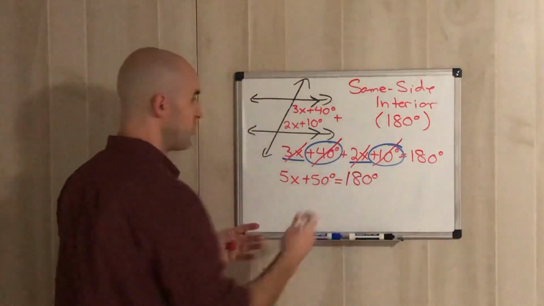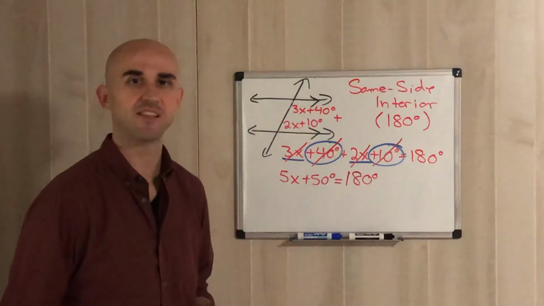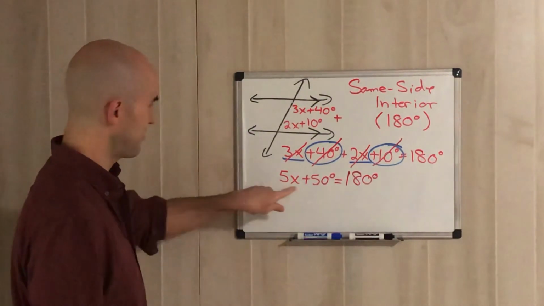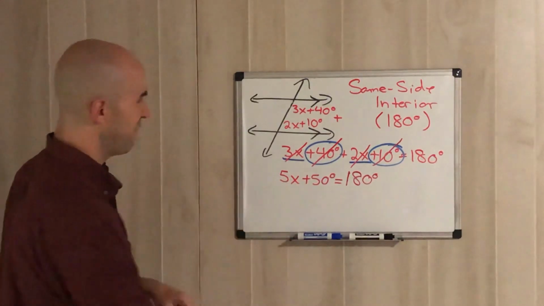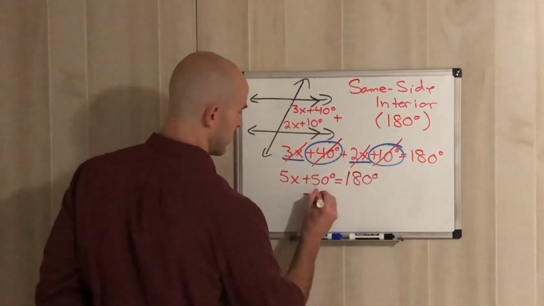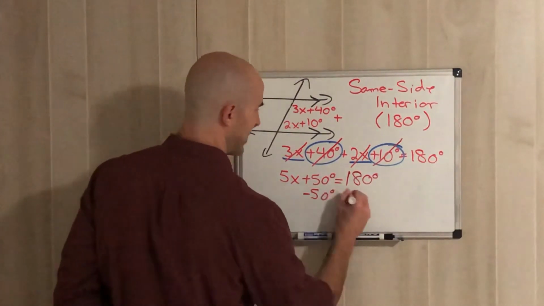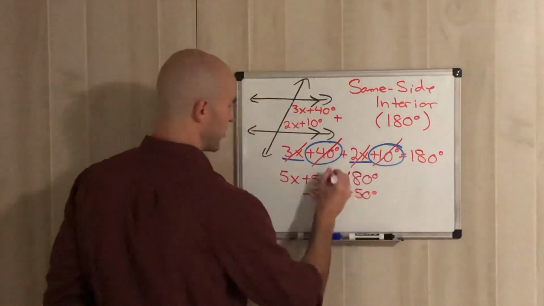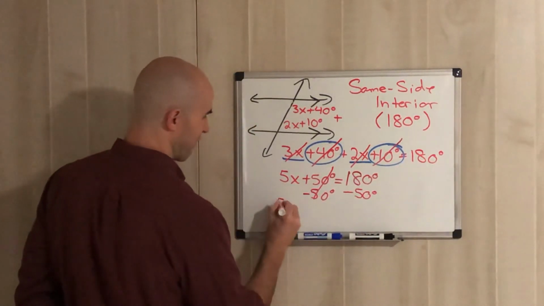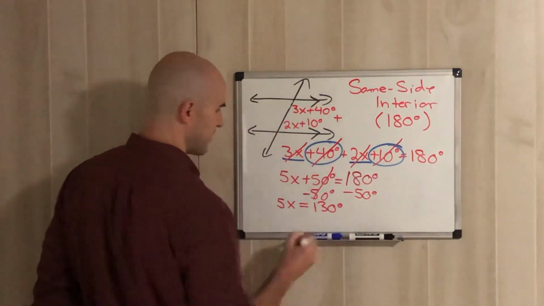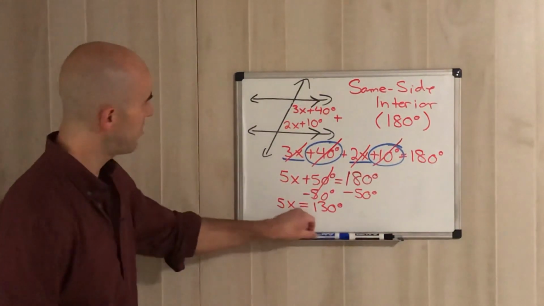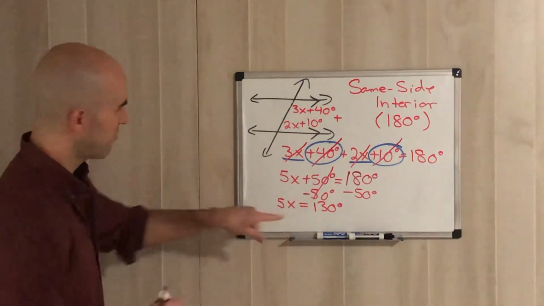Because again, once you get to this, now it's the same step you guys have been doing every time you solve equations, right? First thing, before we deal with the 5, we want to get rid of the 50. Opposite of addition, we're going to subtract 50 from both sides, right? The 50s over here cancel out, so we're left with 5x equals 130, right? And now, we have 5x equals 130.